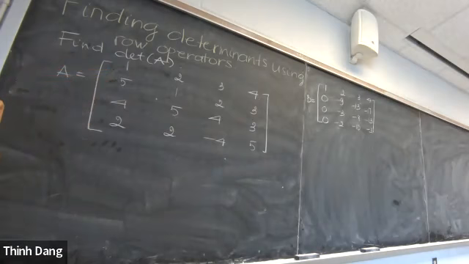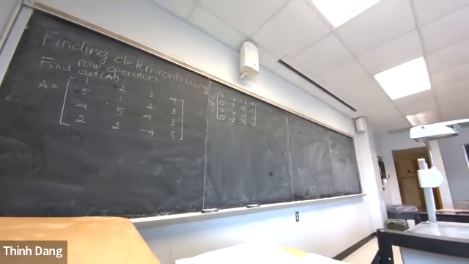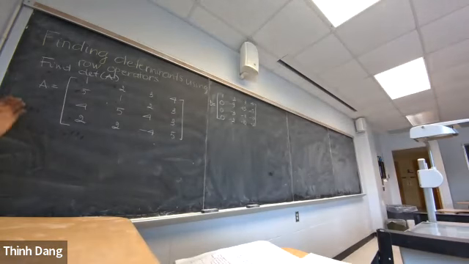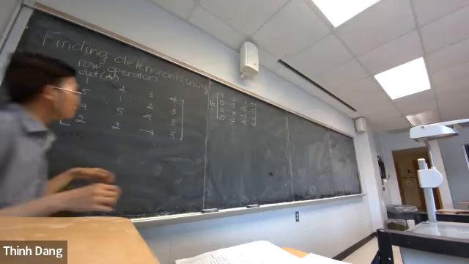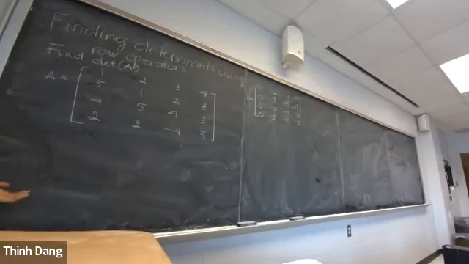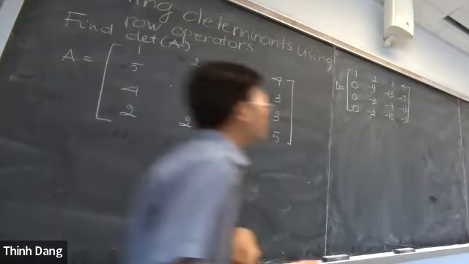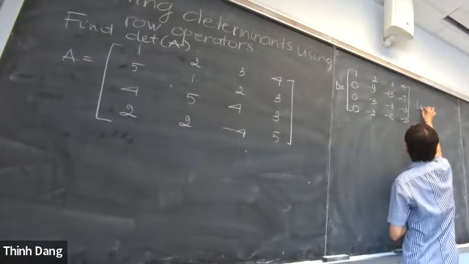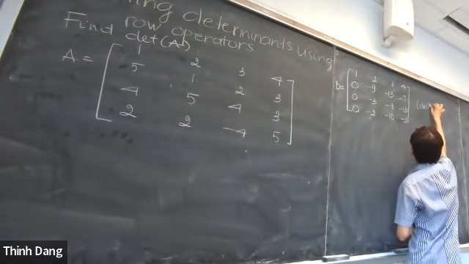Yesterday we talked about the effect of row operations on determinants, and especially if you are only using the third type of row operation, the determinant doesn't change, right? So I'm going to put a side note here that the determinant of B is actually equal to the determinant of A.